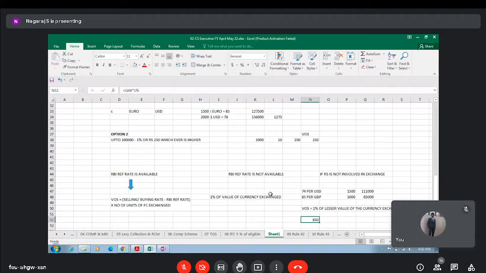If rupee is not at all involved in the exchange, that means you are exchanging the two foreign currencies, whatever the equivalent rupee value, you have to convert that one. The lesser of those two amounts, of that 1% will be value of supply. Understood? This is option 1.